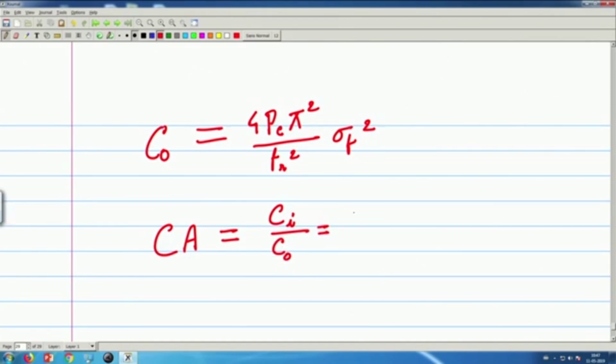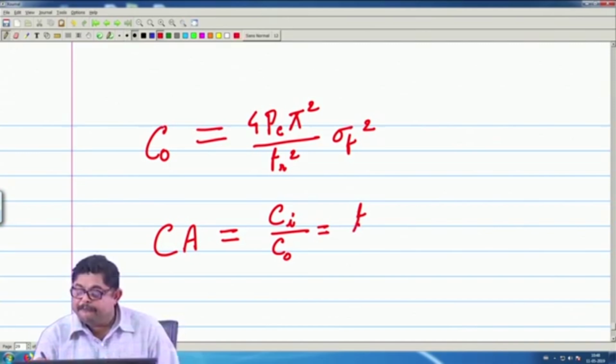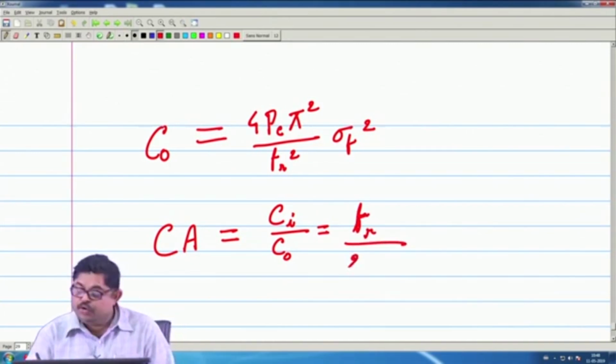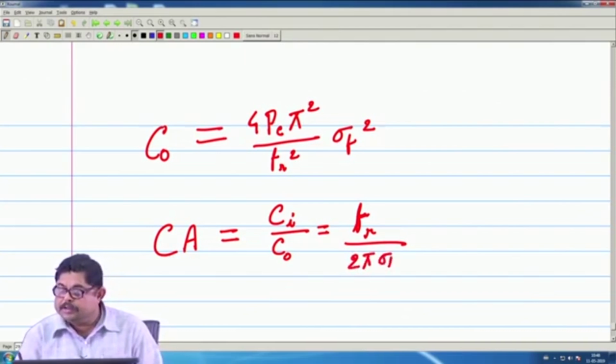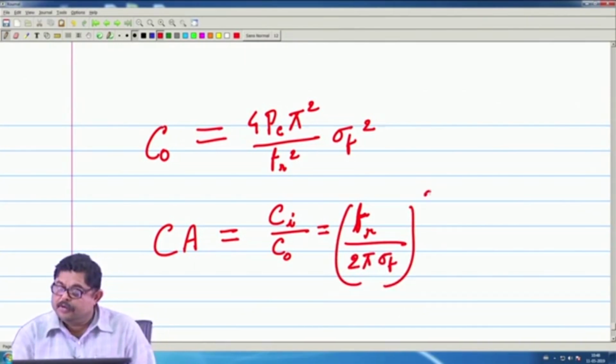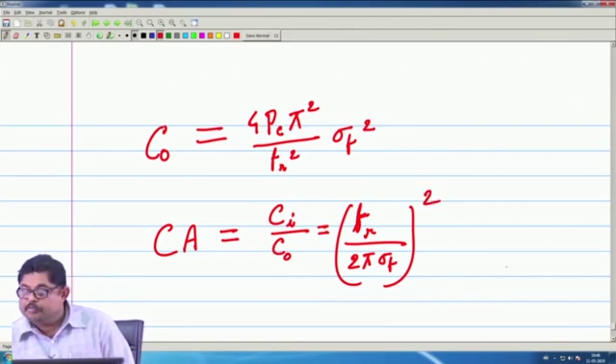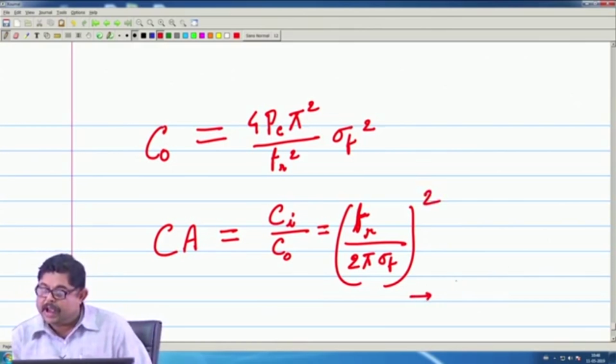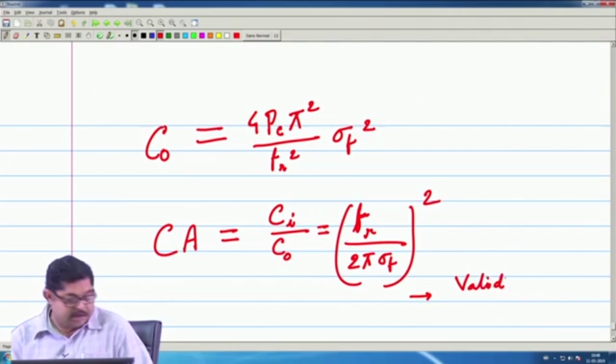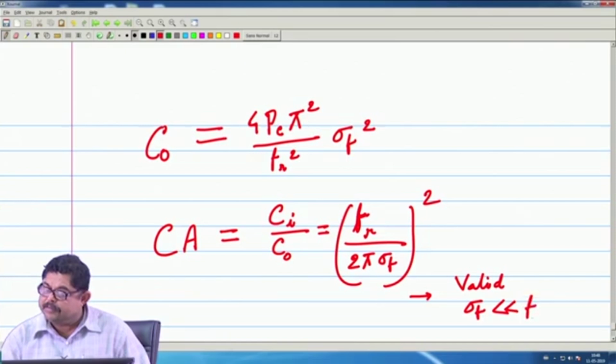If I put that, it will be (fr by 2 pi sigma f) whole square, and remember that this is valid provided sigma f is much less than fr.